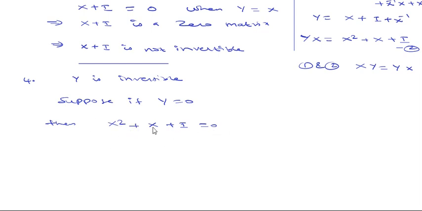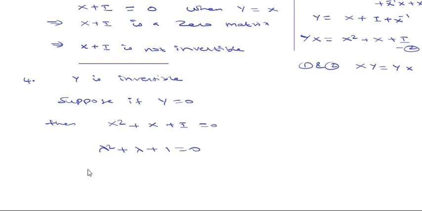According to the Cayley-Hamilton theorem, every square matrix satisfies its own characteristic equation. So when we consider this as a characteristic equation corresponding to some matrix X, we have lambda square plus lambda plus 1 equal to 0. So the sum of the roots is minus 1 and the product is 1.